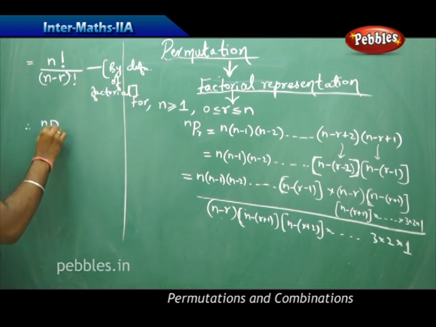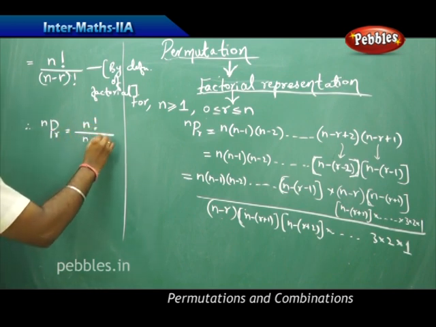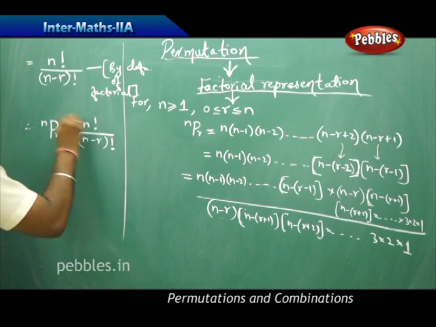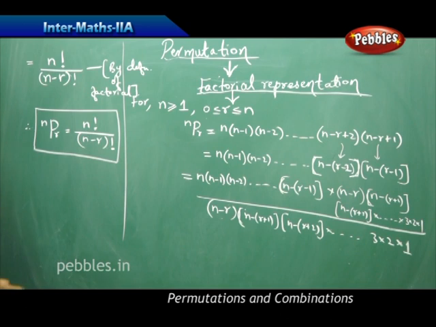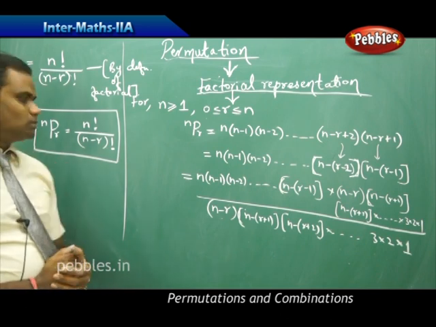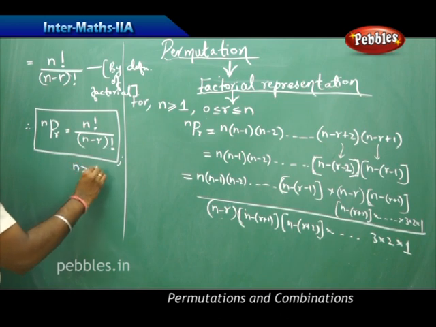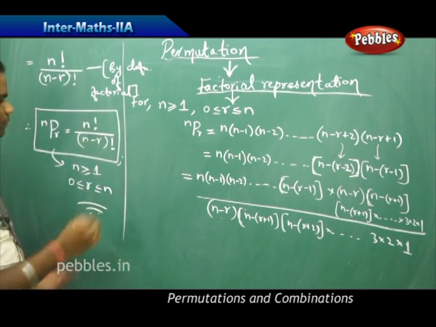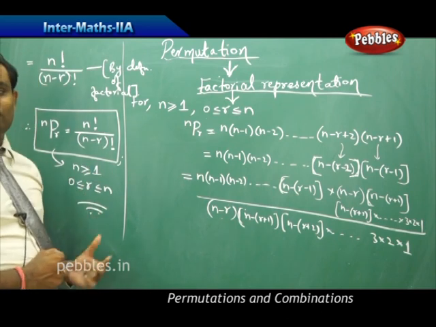Therefore, my nPr is n factorial by n minus r factorial, which we take as the formula, where n is greater than or equal to 1 and 0 less than or equal to r less than or equal to n. This is how we understand permutation in the factorial form as a formula.